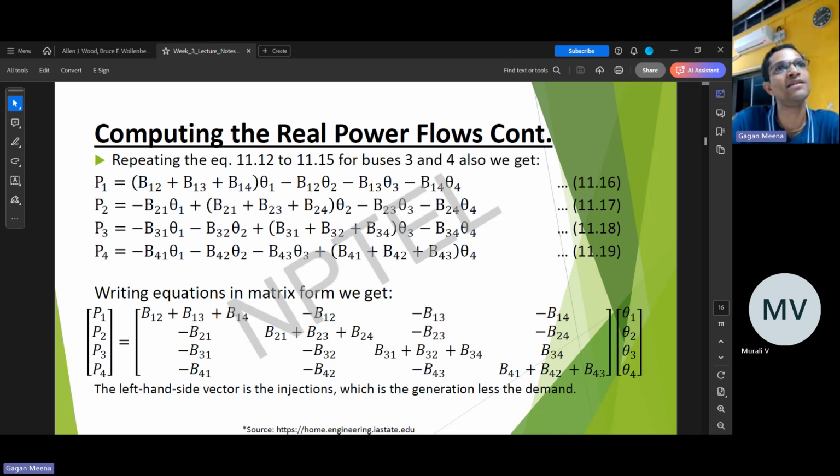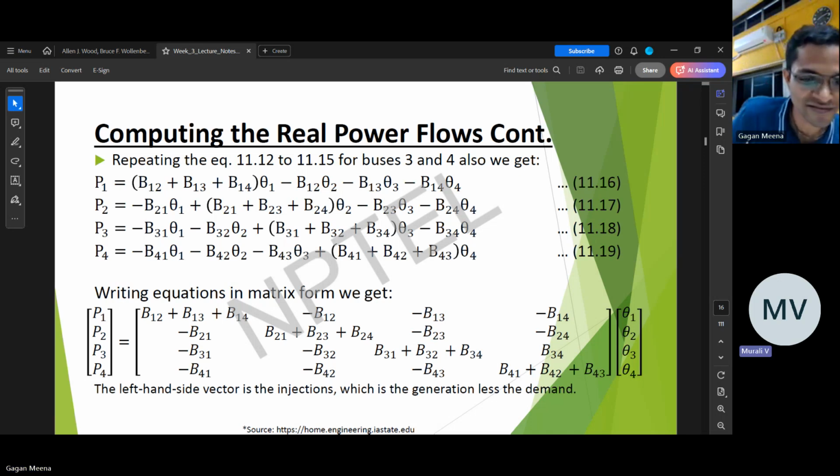The problem here is we are not dealing with reactive power. We only want P, so everything is real, and we are not bothered about the imaginary part. That negative comes only because of J, since 1 by J is minus J. But we are not even considering J. We only directly take the magnitude of X. Don't take the imaginary part, only take the absolute value.